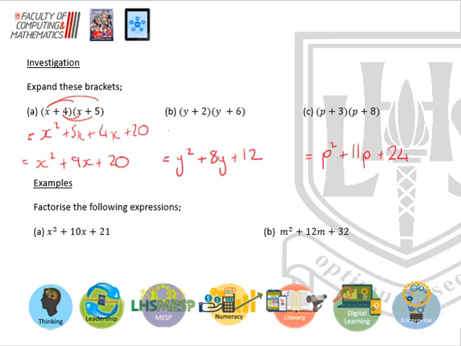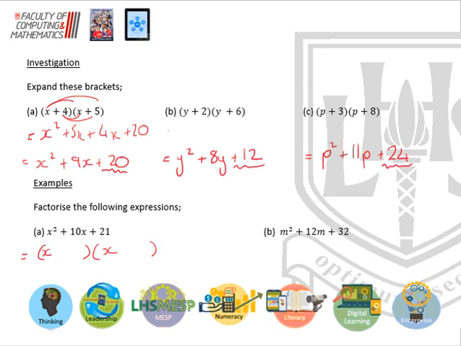Okay, so first things first, x squared plus 10x plus 21. I'm hoping we can see quite quickly that the first two terms have to be x and x. That'll give you your x squared. Now, looking at the earlier ones, that 20 was because it was 4 times 5. This 12 was because the last thing in the multiplying in this bracket was 2 times 6.